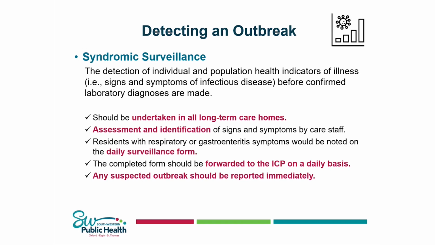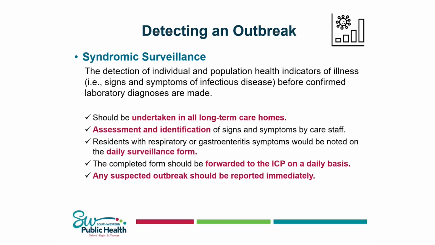And it's critical that staff that are providing care and are involved with residents are monitoring routinely for new infectious symptoms and tracking those symptoms on a daily surveillance form and sharing that form with the infection control lead or director of care at the facility.